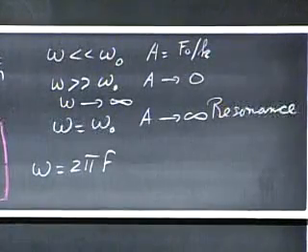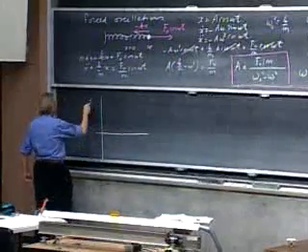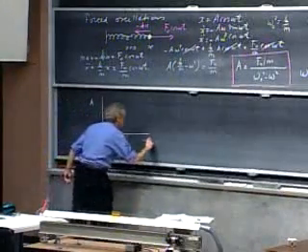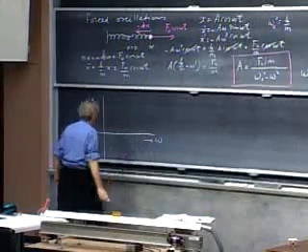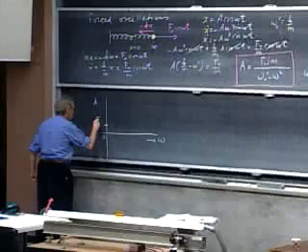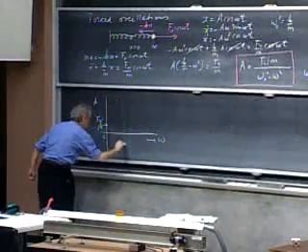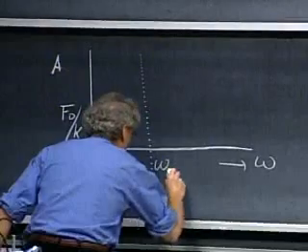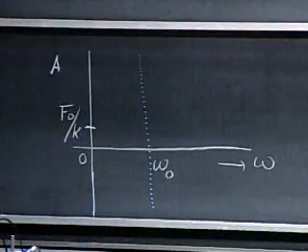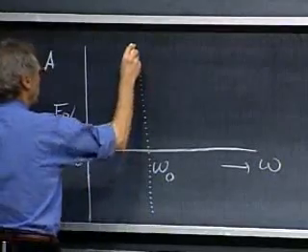If I make a plot of the amplitude versus frequency omega, then at low values I have f0 divided by k as the amplitude. When I hit the resonance frequency, the natural frequency of the system, it goes out of hand, goes to infinity.